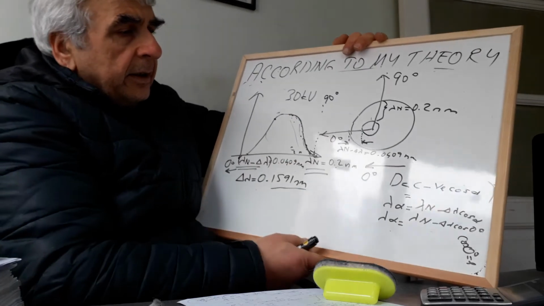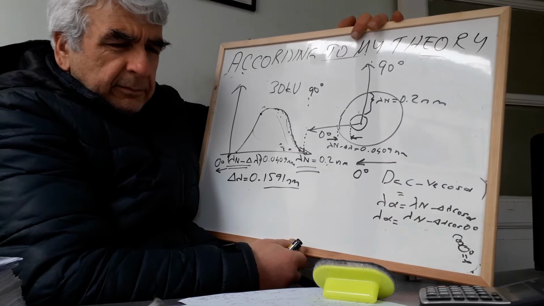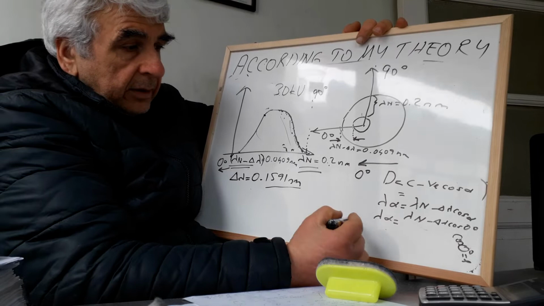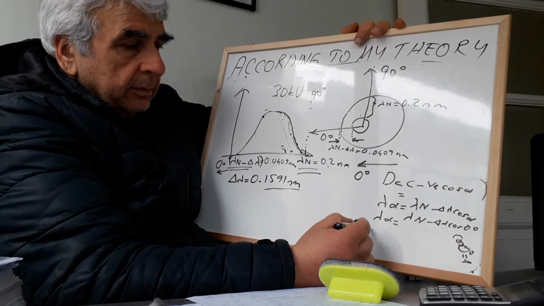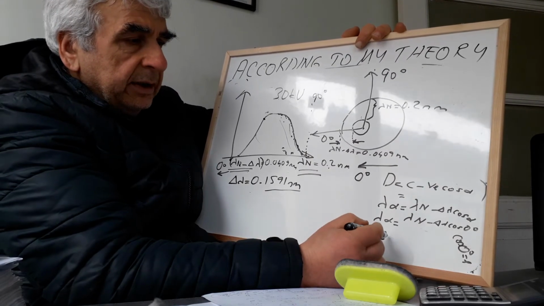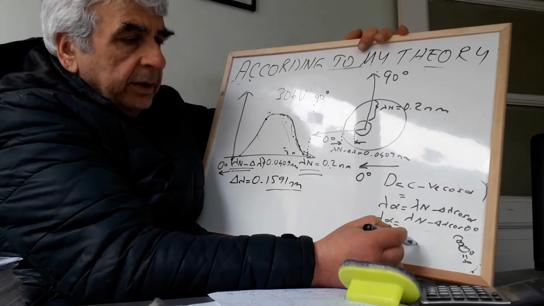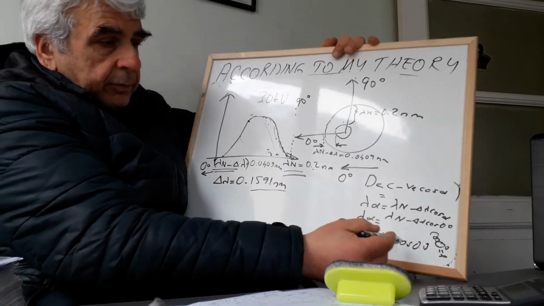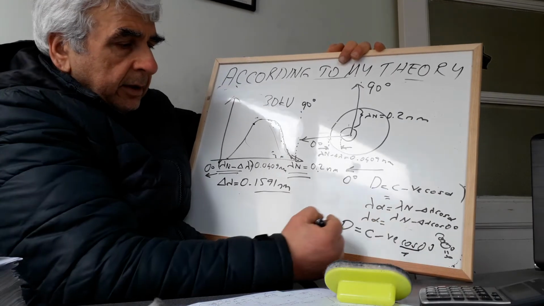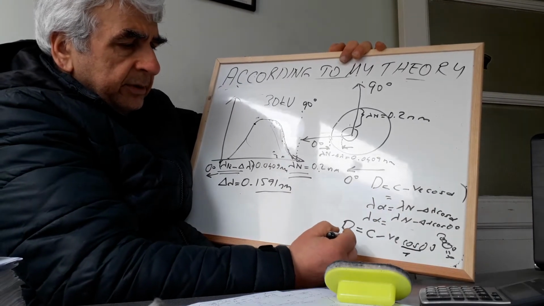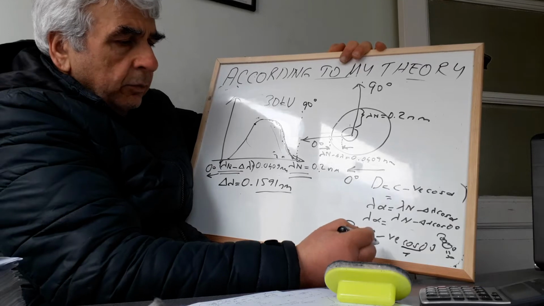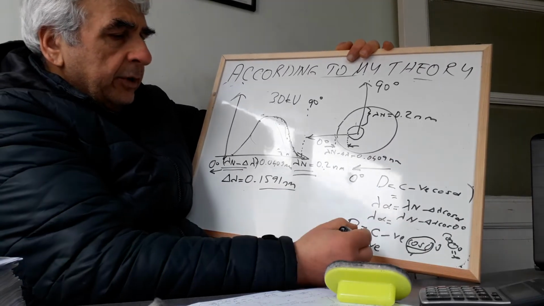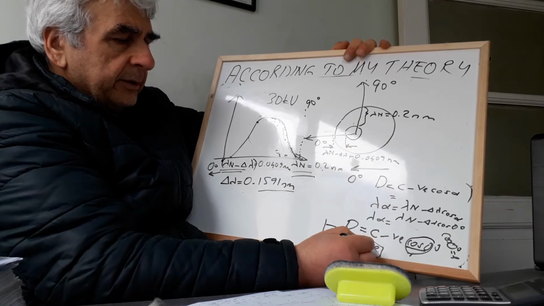Okay. Then D equals C minus V cosine 0 degree. It's important. This is 1. D equals C minus V because this is 1. Okay. Don't forget this.